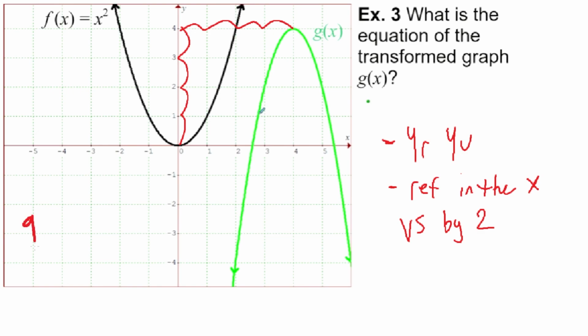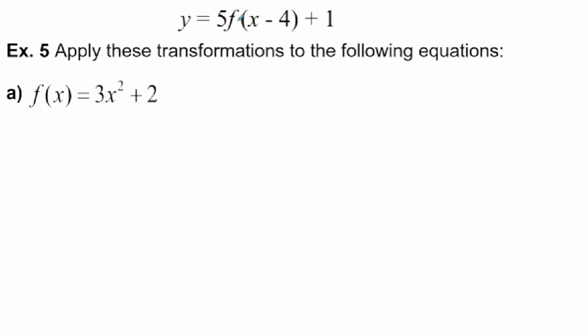Perfect. So g of x is going to be equal to, it's reflected, so there's going to be a negative in front of the stretch, which is 2 f of x minus 4 plus 4. Okay, so how do you apply transformations to things that are already transformed? So first, everything that happens vertically is going to be outside.